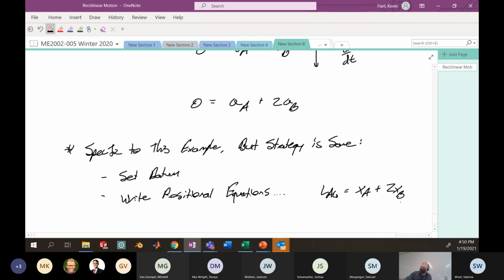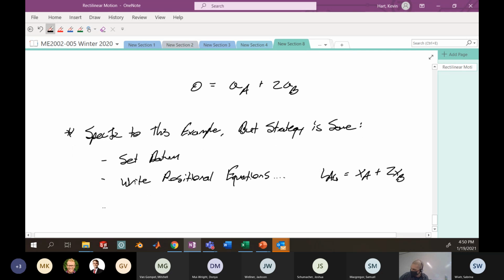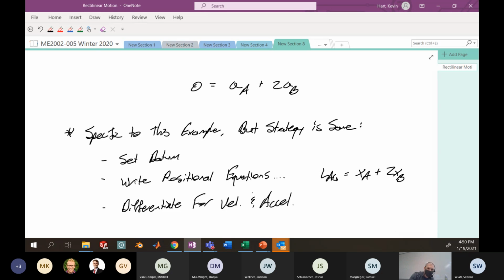If you have multiple ropes, you can write multiple positional relationships. And then differentiate for velocity and acceleration. That's the strategy. Okay.